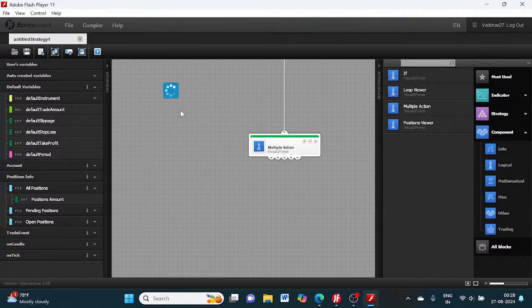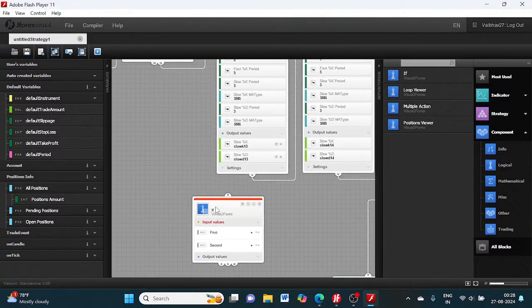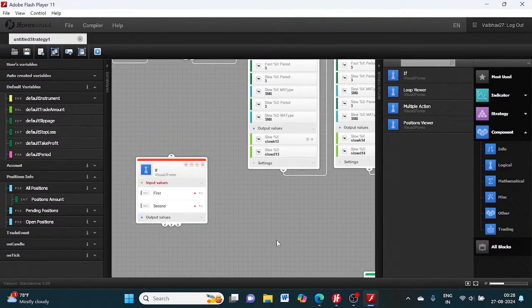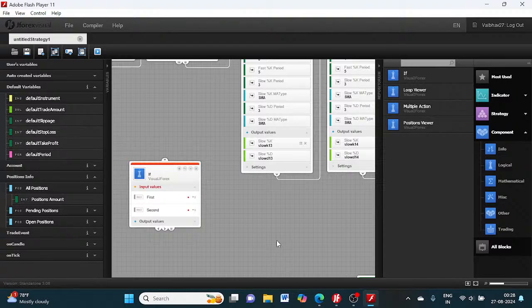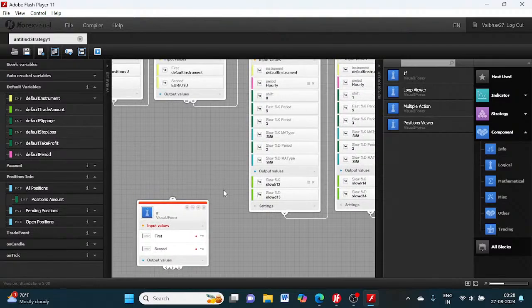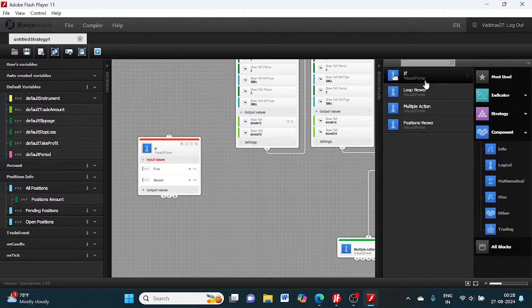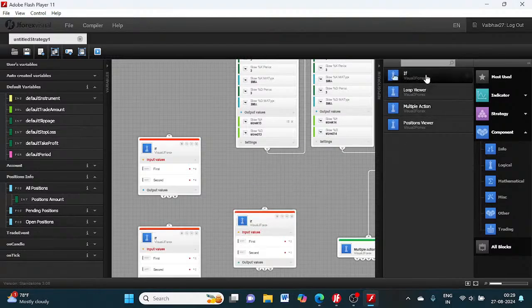Let me start defining the conditions for the execution of the buy trade first. Nothing special about choosing the buy side first. You can even implement the sell side first. I think I'm going to need a couple of these if else statements, so I will add a couple of these blocks straight away.